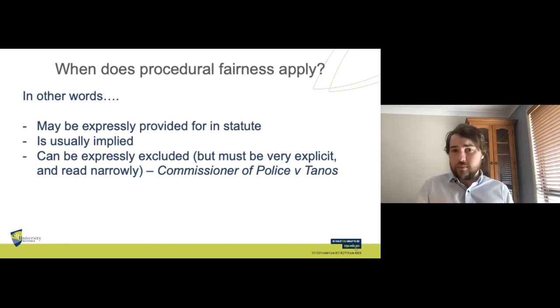A good example is in some of the anti-terrorism legislation where, under very limited circumstances, people can be held without trial and things like that. This is going to be read very narrowly because the court presumes that people's rights won't be interfered with unless that's the express intention.